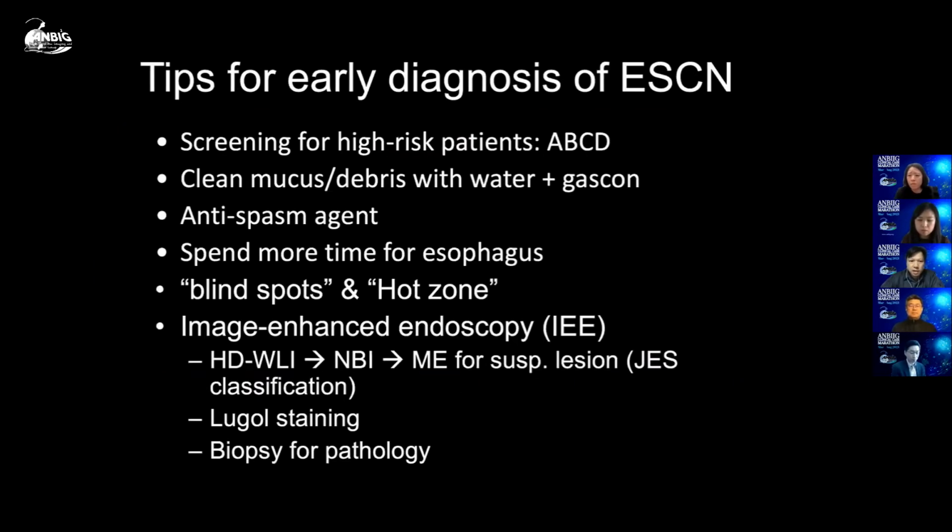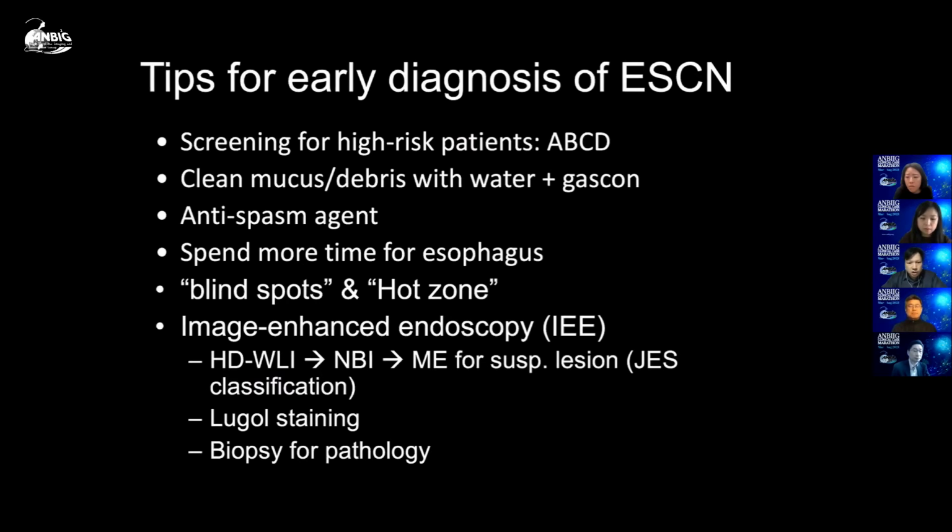I think there are several tips for early diagnosis of esophageal squamous neoplasia. At first, we need to focus on screening for high-risk patients, including the ABCD and head and neck cancer patients. During the endoscopic examination, we need to clean mucus and debris with water and gas cone.